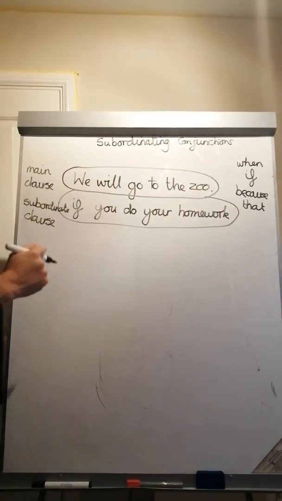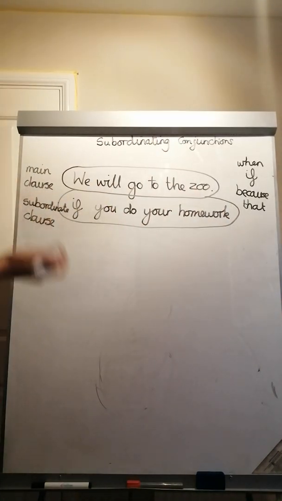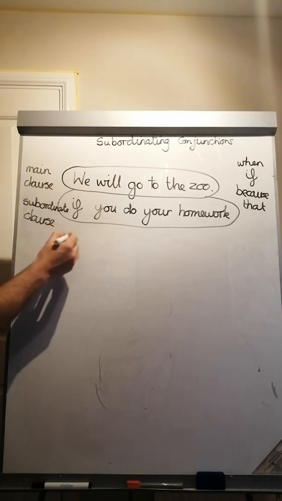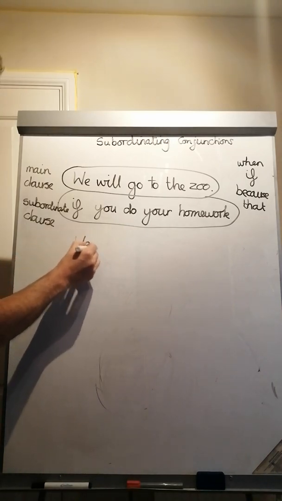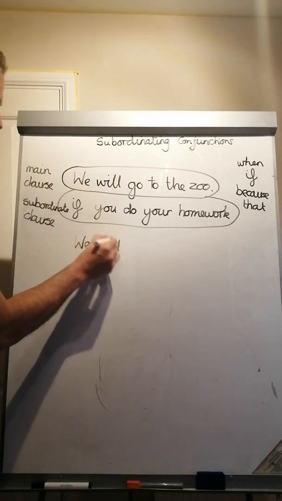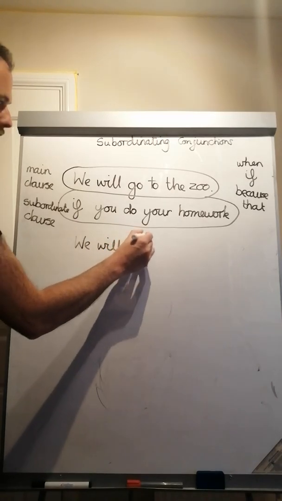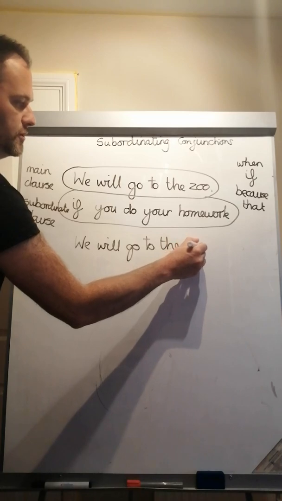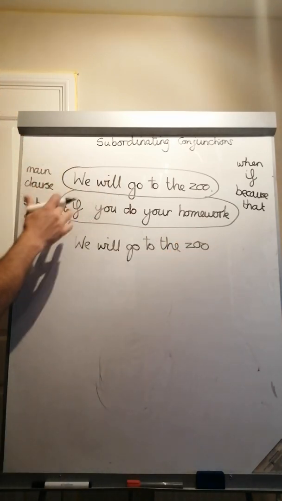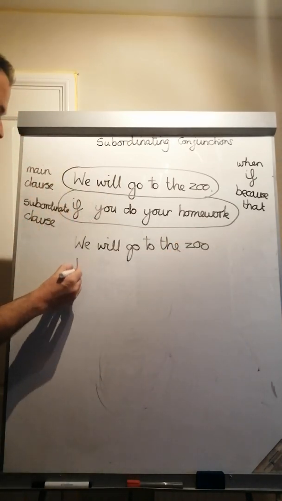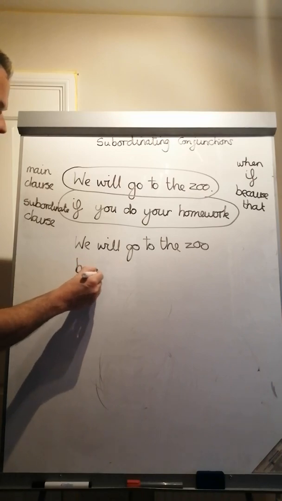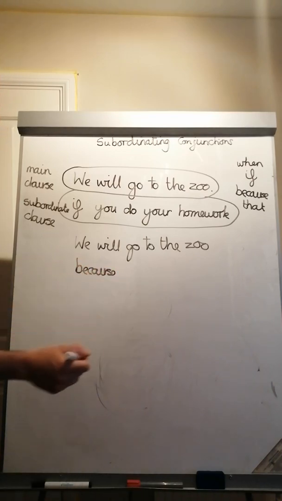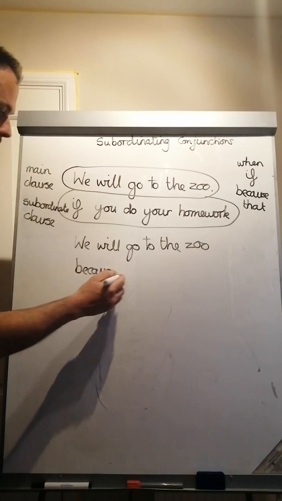Okay, right, let's have a go at because. We could start with the same sentence. We will go to the zoo. Again, this is our main clause. Because you did all your homework.